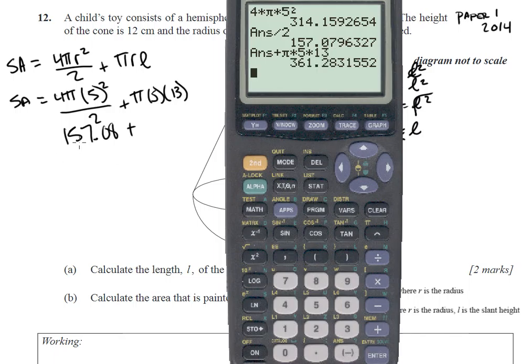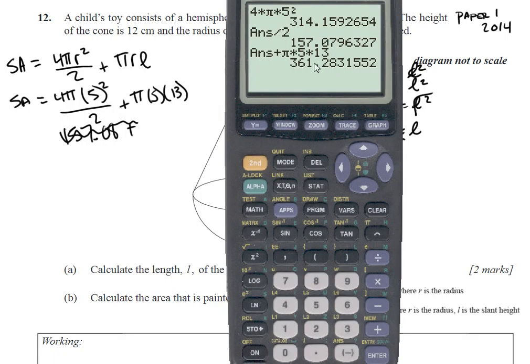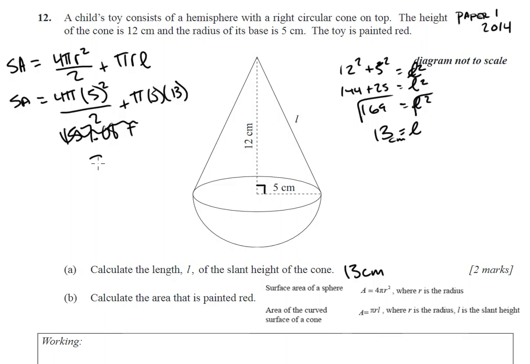That'll give us the whole thing, which is 361.28. It doesn't ask us to round to any certain decimal, but the original instructions were to round to three significant figures. So we're going to have 361. This is centimeters, and we're talking about area, so centimeters squared should be our answer. The area that's painted red.